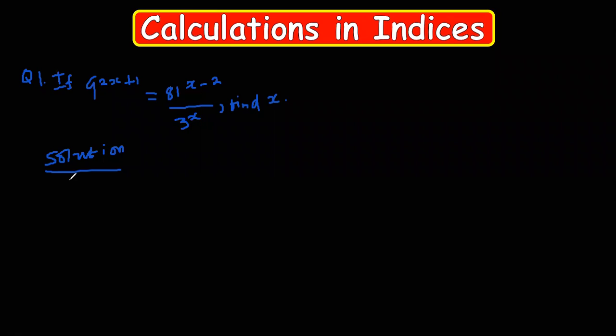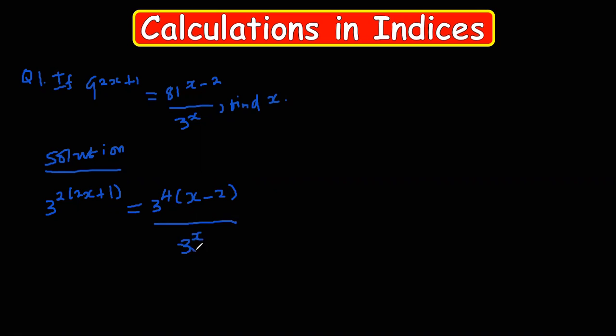We do that by saying 3 raised to the power of 2 is 3 times 3, which gives us 9. So 3 raised to the power of 2 bracket 2x plus 1 close bracket is equal to 81, which is 3 raised to the power of 4, bracket x minus 2, divided by 3 raised to the power of x.